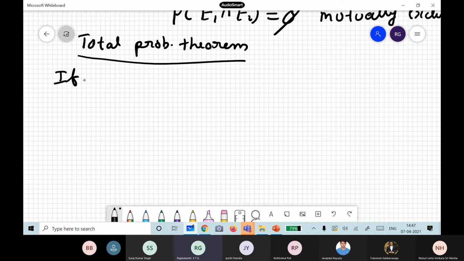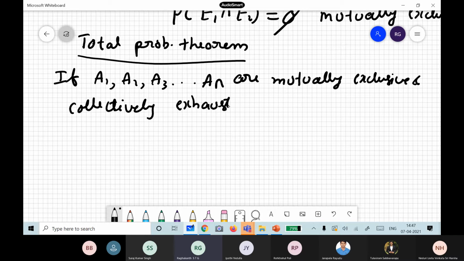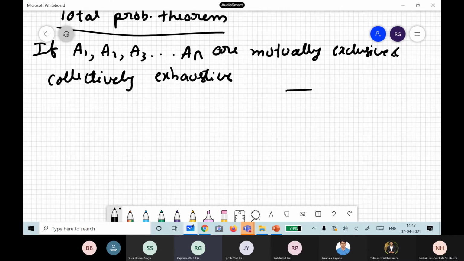So if you have A1, A2, A3 up to AN, and these are all mutually exclusive and collectively exhaustive. What do you mean by mutually exclusive? There is no intersection.